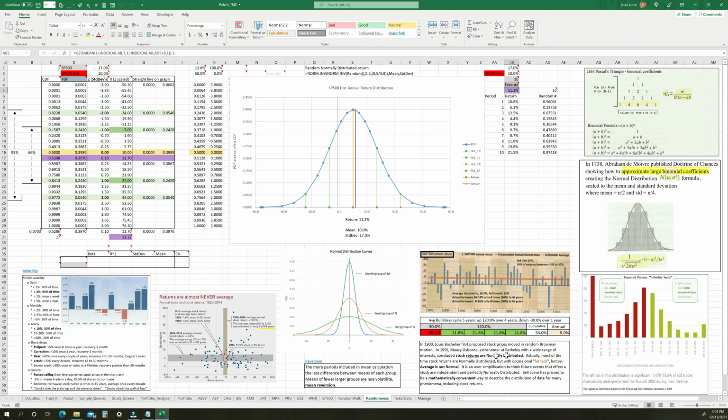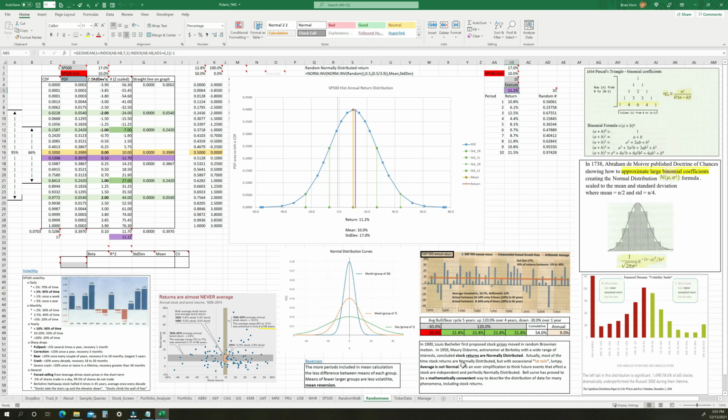And then it wasn't until the 1900s that it was first proposed that normal distribution could be used for stock prices. And then in 1959, an astronomer who had a wide range of interests observed that it is nonsensical to think stock prices are normally distributed because that implies prices can be negative. Rather, stock returns are normally distributed.